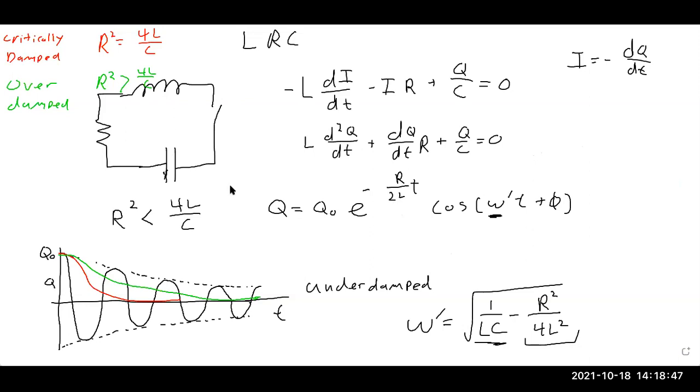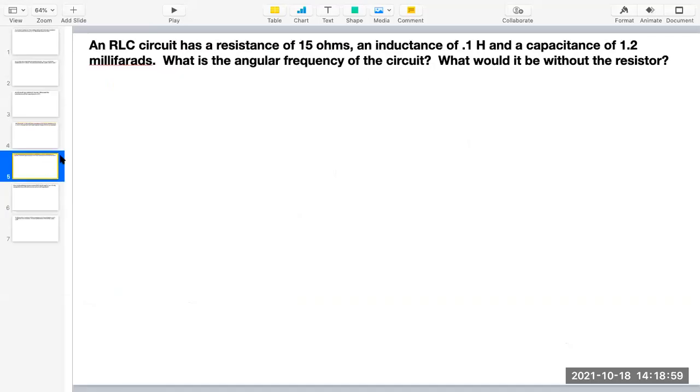Let's work with it a little bit. So we've got a resistor, we've got an inductor, we've got a capacitor. So this is just going to be those elements in a simple loop.